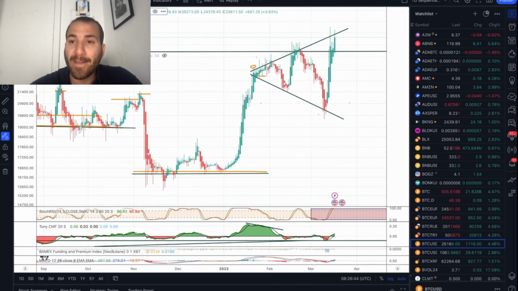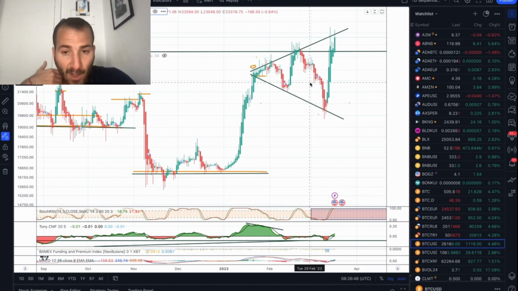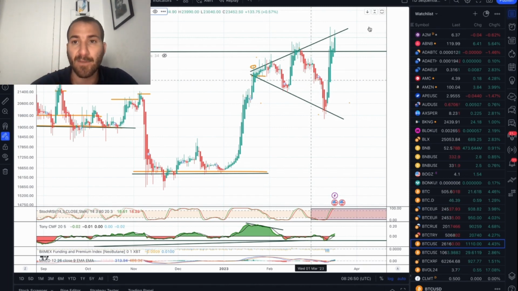This megaphone pennant structure is a difficult one to play out because of the indecisiveness in the market.